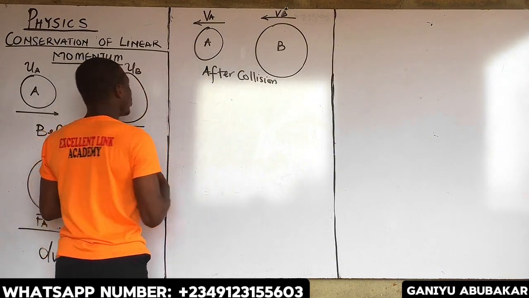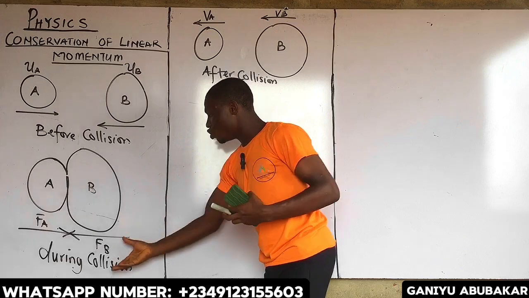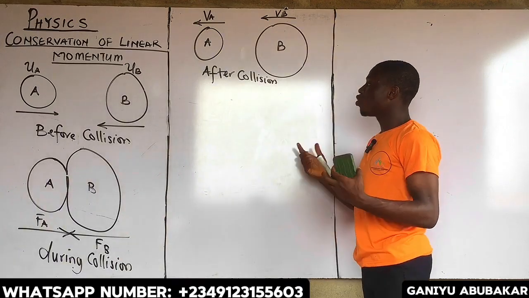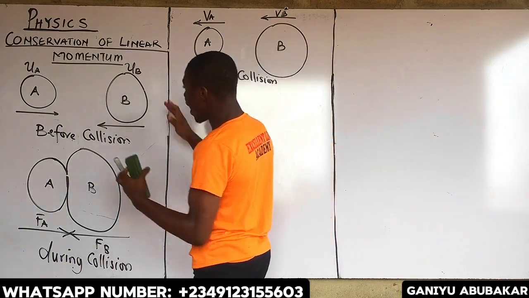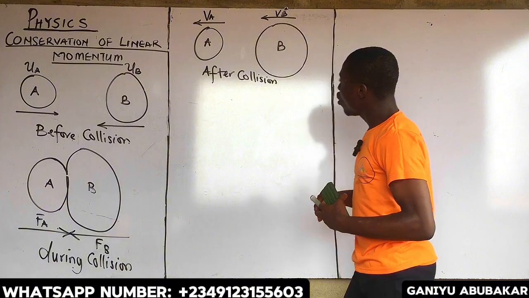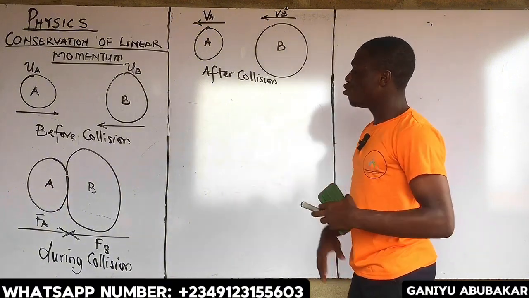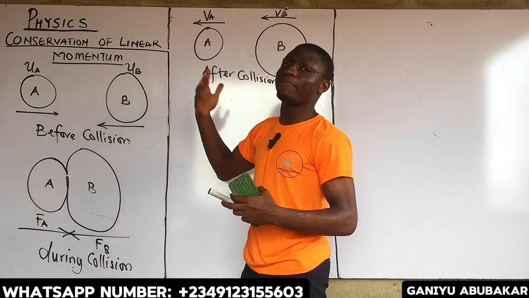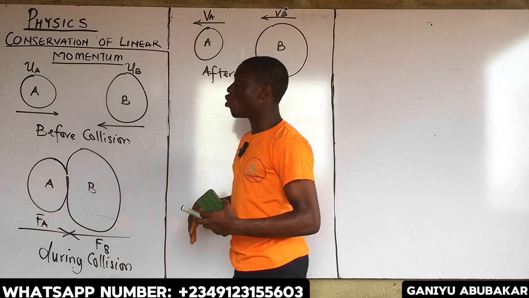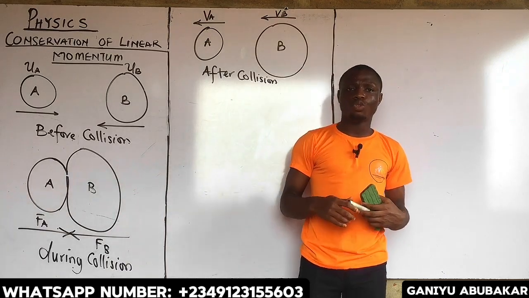So this is before collision, during collision, and after collision. So I have this diagram here. With this diagram, we'll try to derive the mathematical expression for conservation of linear momentum.